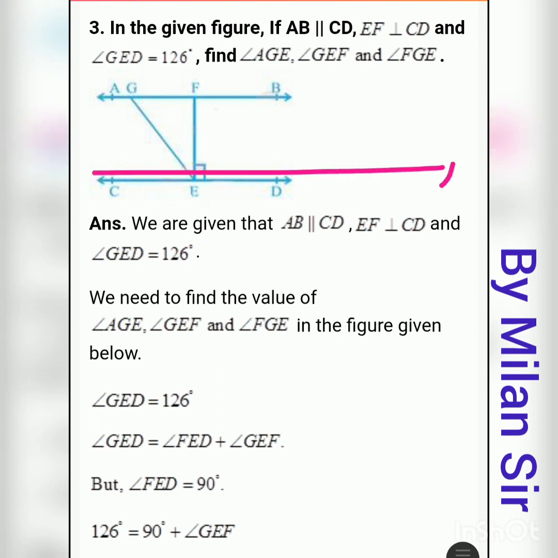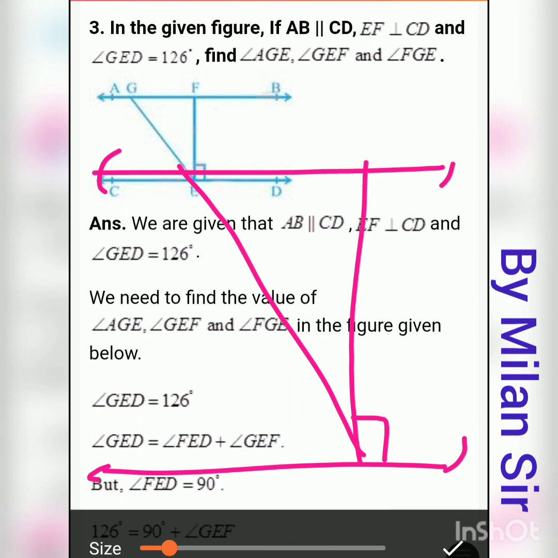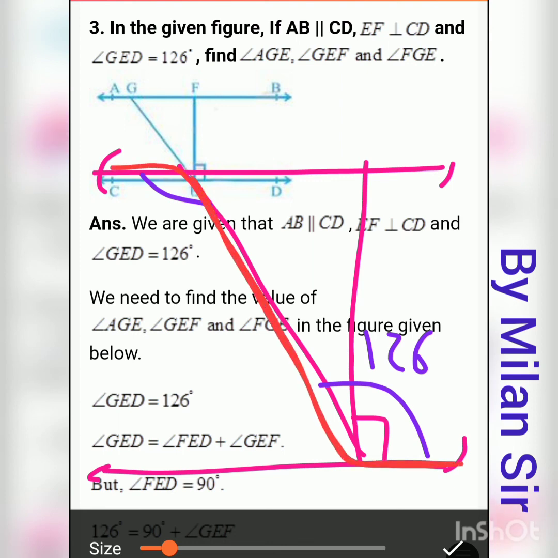Okay, one figure is given to us. Here we have 90 degree. First of all we need to find this angle, but we know the value of this angle, 126. Now here we have one Z shape, right? So these two angles are the same. This is 126, so this is even 126. It is our first answer, AGE, right?